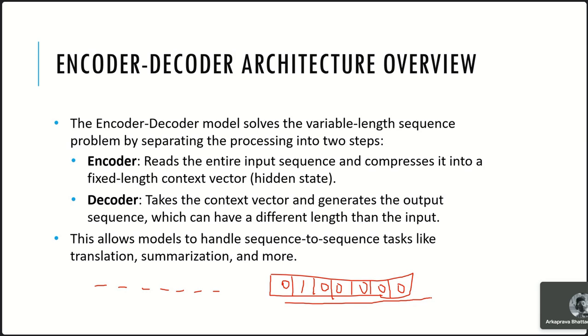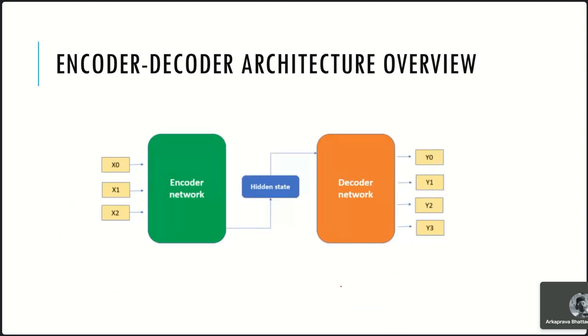The decoder takes the context vector and generates the output sequence. Sounds very trivial. This is the main architecture, but please remember that your context vector here is a fixed length one.